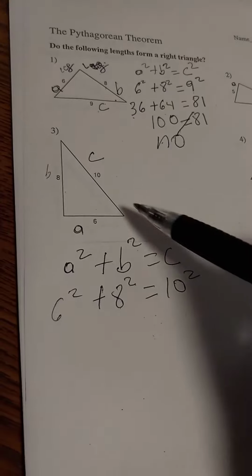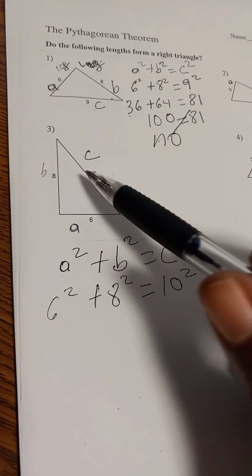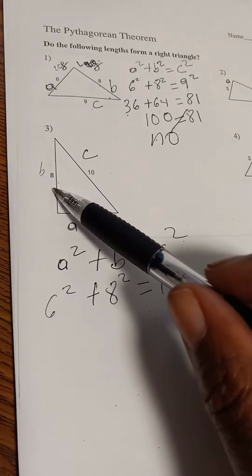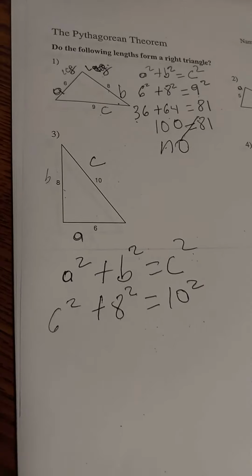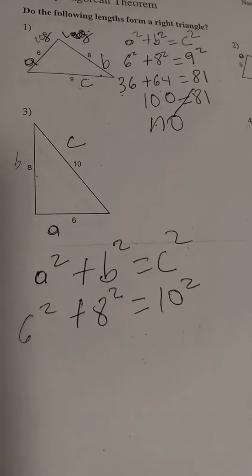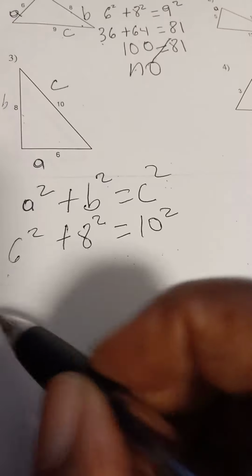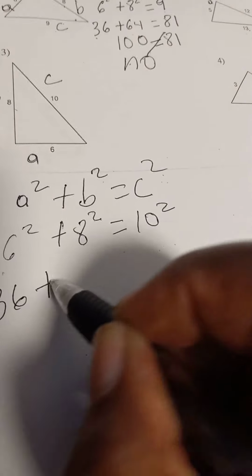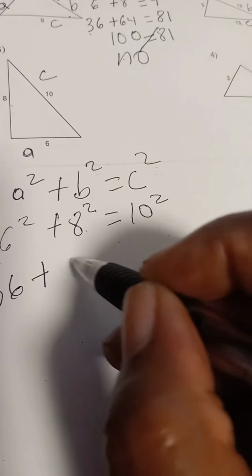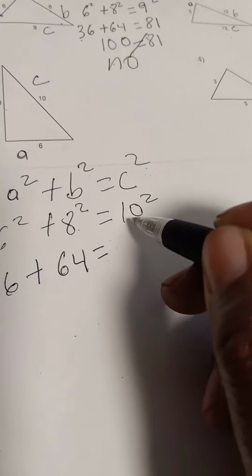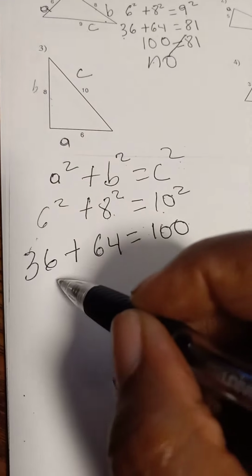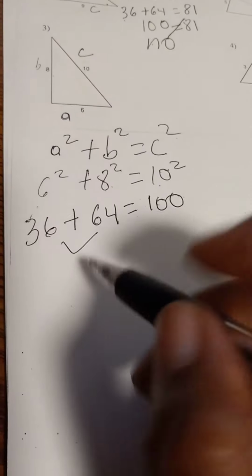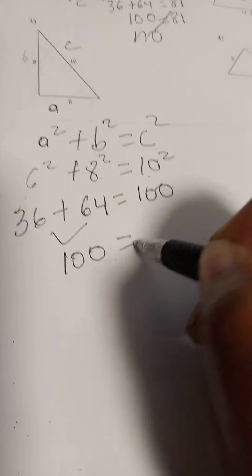And remember how you label them, use the short sides. 6 and 8 are less than 10. So if you don't know how to label it, right? So here we go. 6 times 6 is 36, plus 8 squared, 8 times 8 is 64, which is equal to 10 times 10, which is 100. 36 plus 64 is equal to 100.